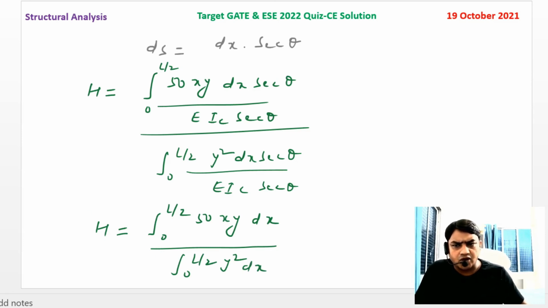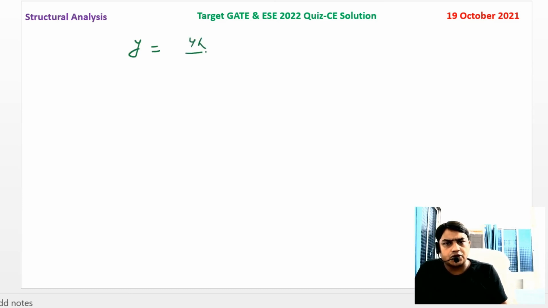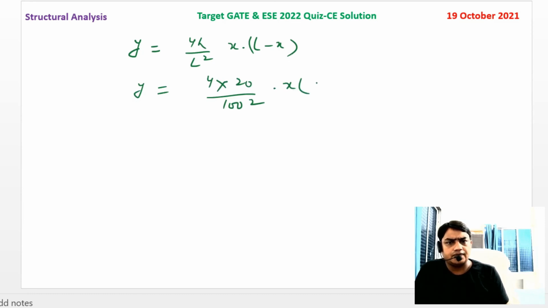Now y can be replaced. We know the expression of y, the rise at any distance x, is 4h by L square into x into (L minus x). So y equals 4 into the central rise of 20 meter, so 80 divided by 100 square, into x into (100 minus x).